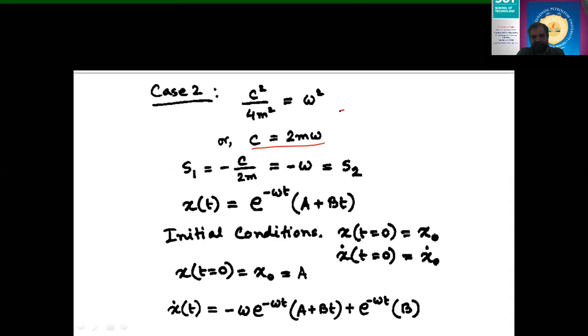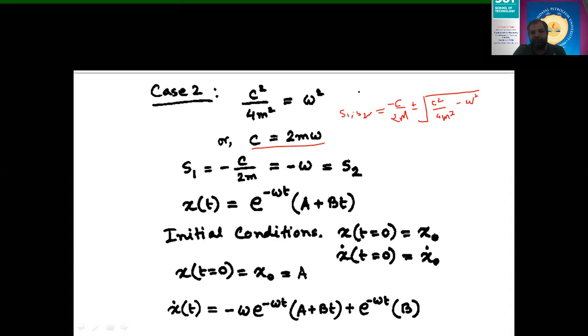If you remember, the equation for S1 and S2 is minus C by 2m plus or minus the square root of C square by 4m square minus omega square. This was the equation we already saw when we started.